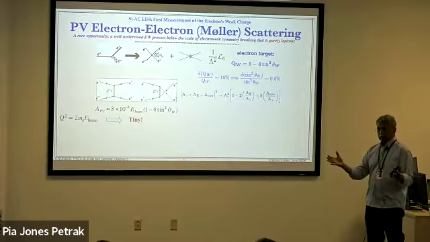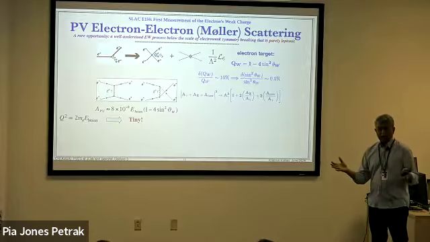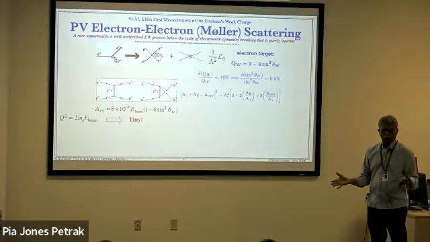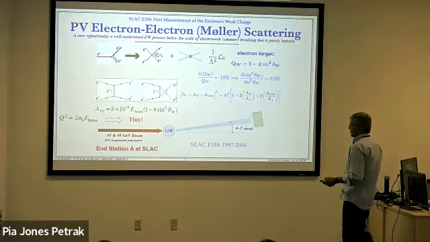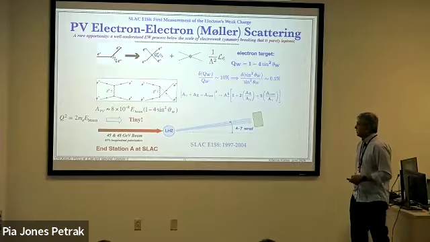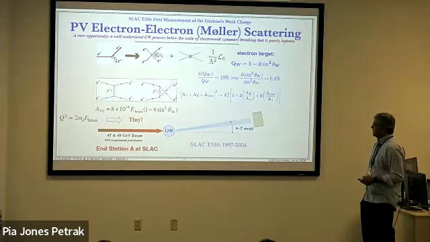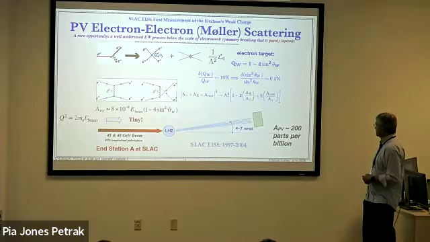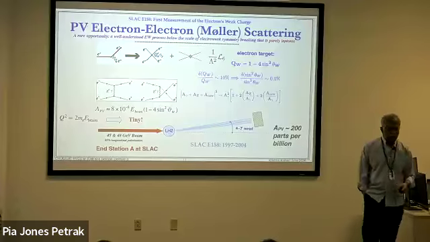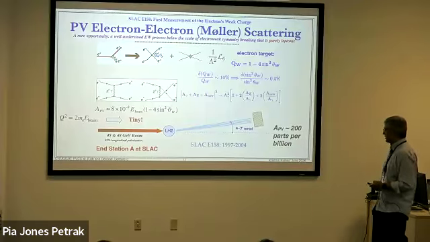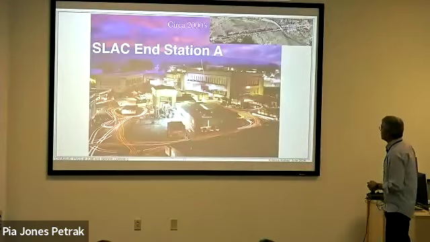And so when we realized this, we said, where is the highest beam energy in the world with polarized electrons? And that was SLAC. So we proposed this experiment at SLAC, 45, 48 GeV beam. So this was proposed in 1997. The asymmetry is 200 parts per billion, which is much smaller than what was originally done in the previous experiments. So this had to push technology in various ways.